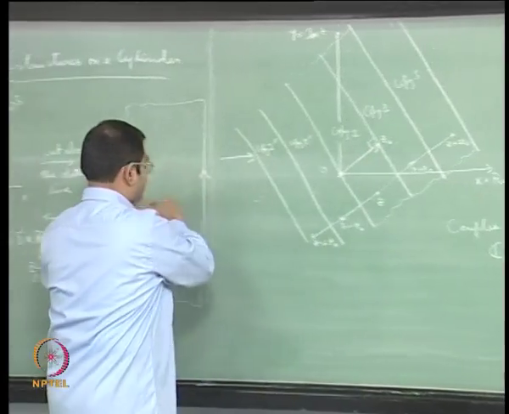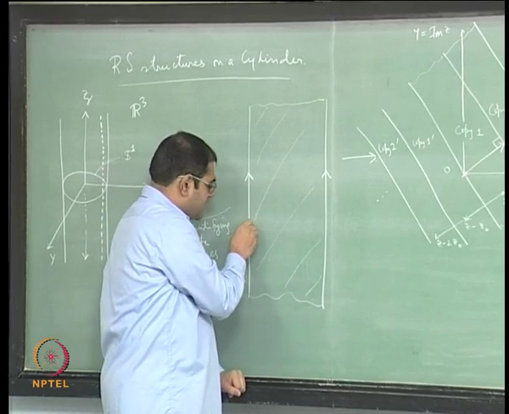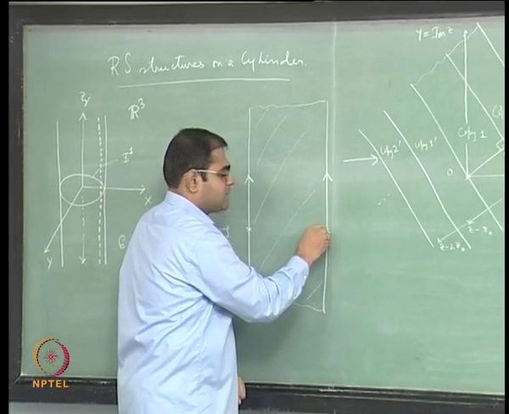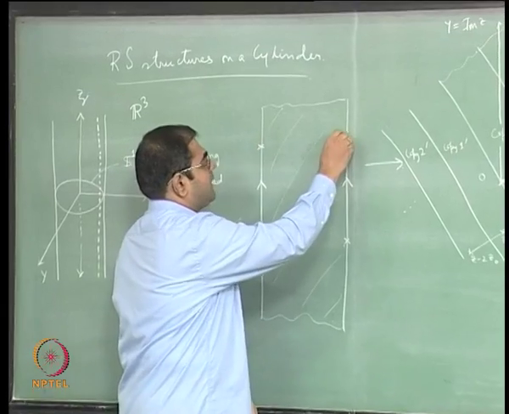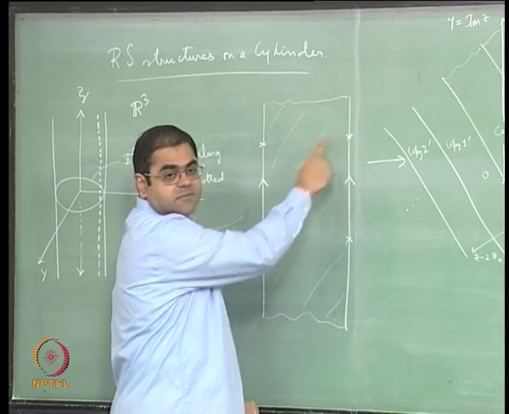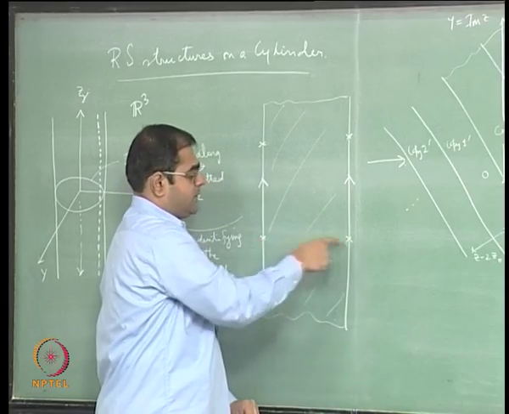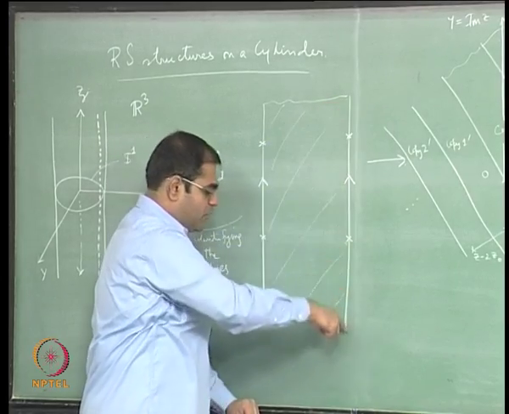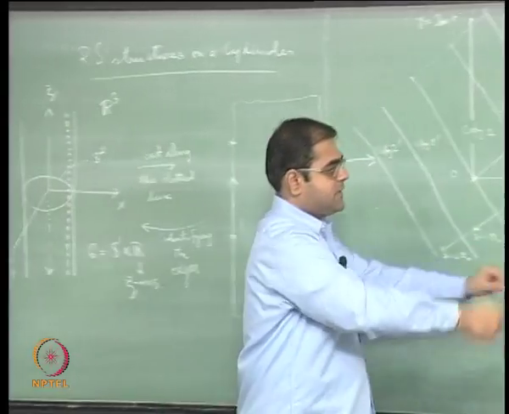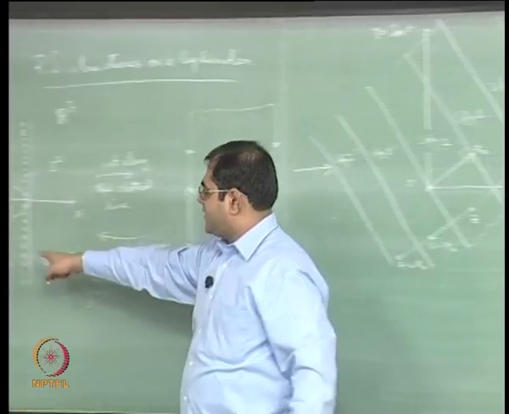So I am going to get this, but the identification is still not complete, because given a point here, it has to be still identified with the corresponding point here, and given a point here it has to still be identified with a point here, and that is because they are still translates by z0, okay. So I still have to do essentially gluing this edge with this edge. It is only then that I get this set of equivalence classes, okay. So I therefore get the cylinder, okay.